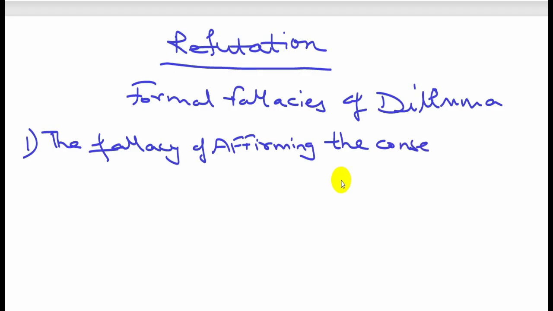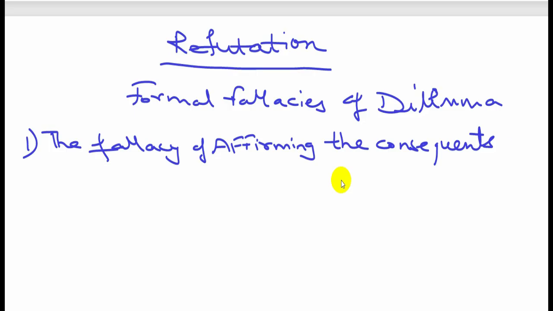This you will find from modus ponens, where modus ponens does the affirmation of the antecedent. But when the modus ponens affirms the consequent, then the fallacy of affirming the consequent occurs.